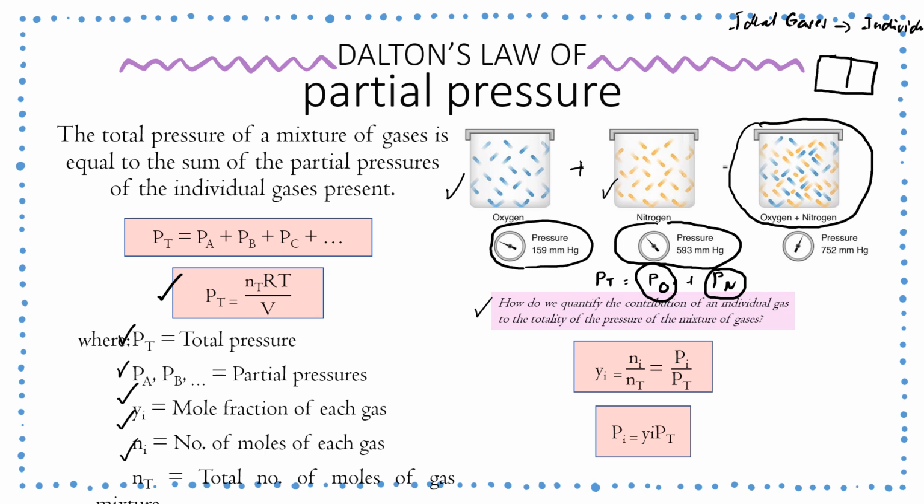That is just Yi equal to Ni over NT, the number of moles of each gas over the total moles of the gas mixture, or it's also equal to Pi over PT, the partial pressure of an individual gas in the mixture.